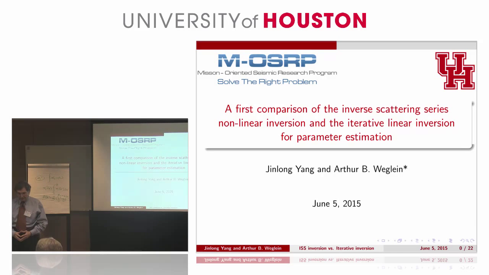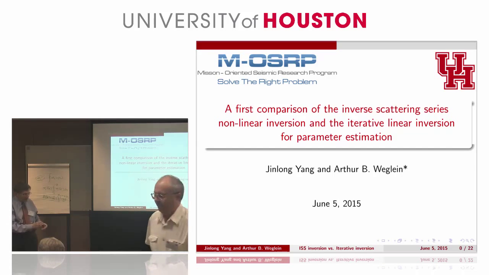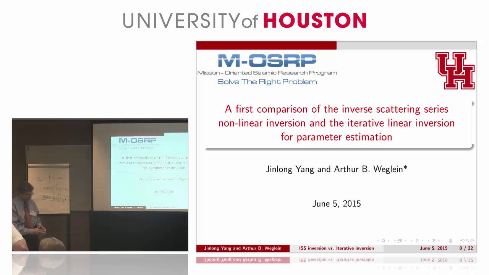So a question is, we just gave a talk a few minutes ago saying, if you're looking for changes in elastic properties, the direct inverse for that says you need multi-component data, PP, PS, and so on, if you want to do anything nonlinear on it, and it tells you what to do with it. It tells you the formulas to multiply that data to get linear and quadratic and cubic estimates.